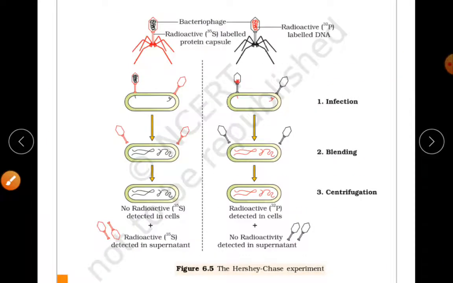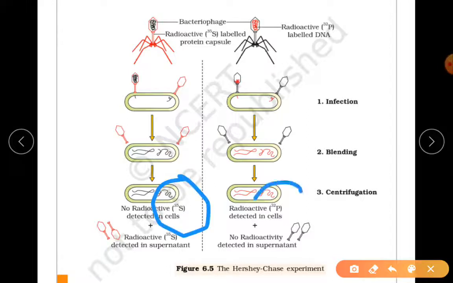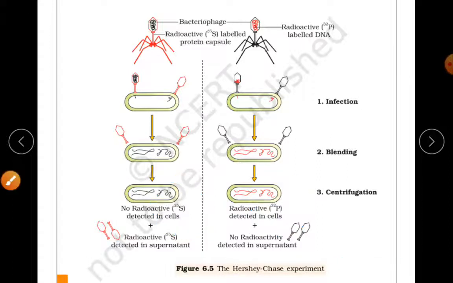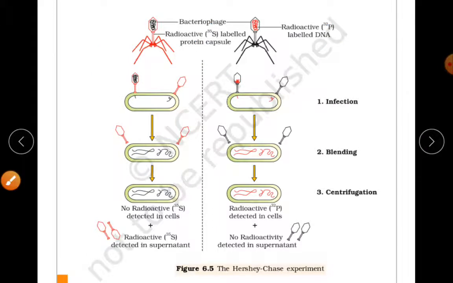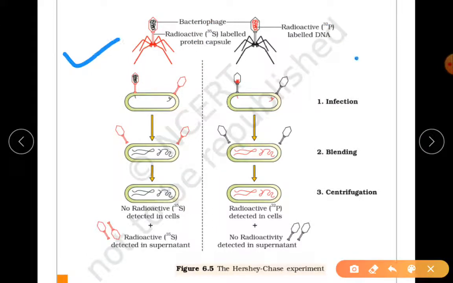Here you can observe S35 and P32. Just observe what he had done. He cultured them, and now he was ready for the experiment.